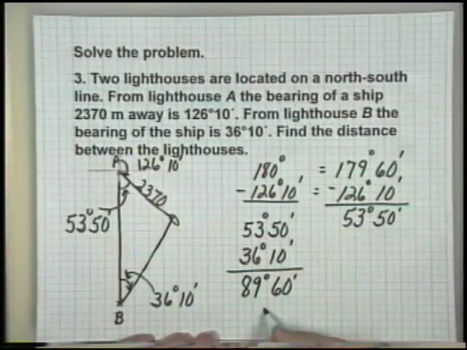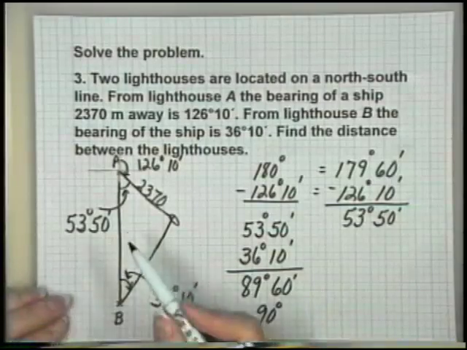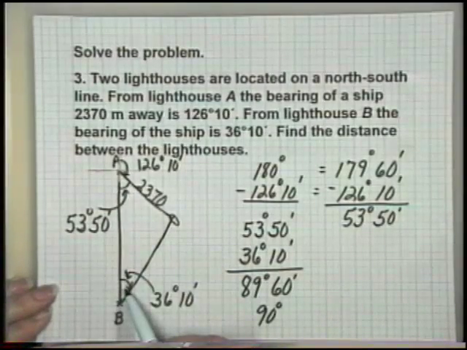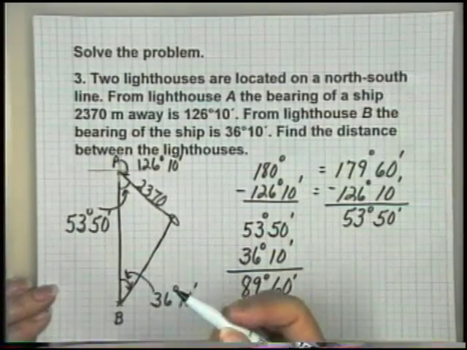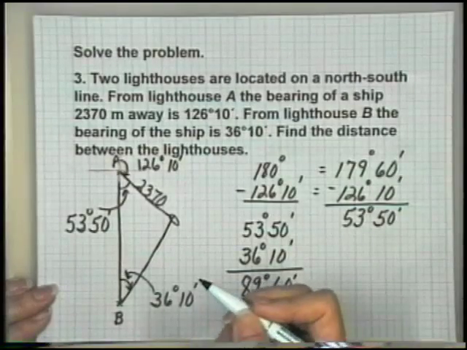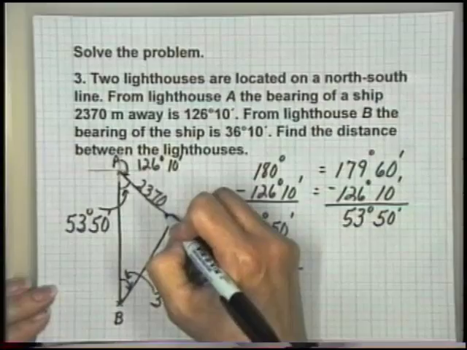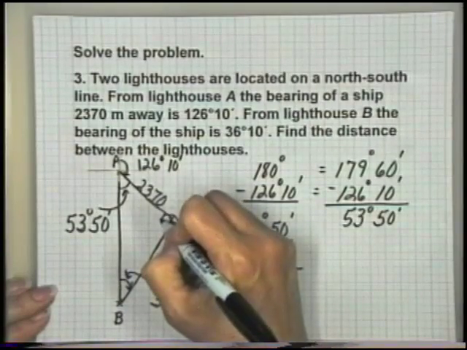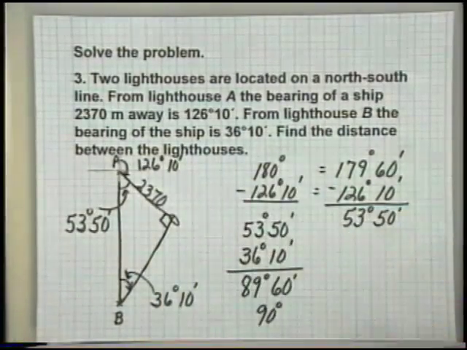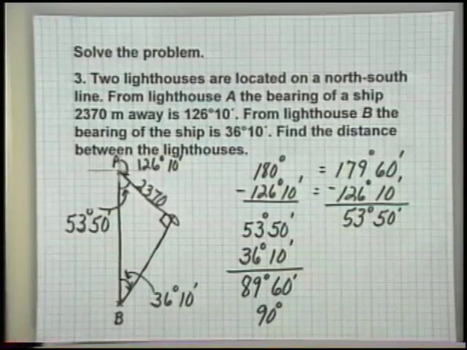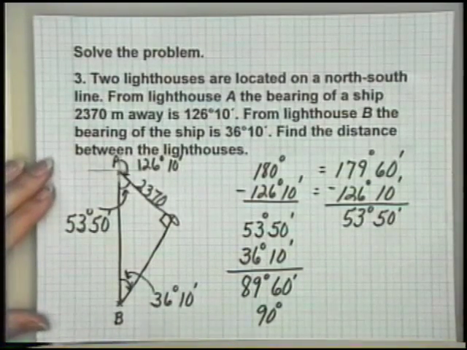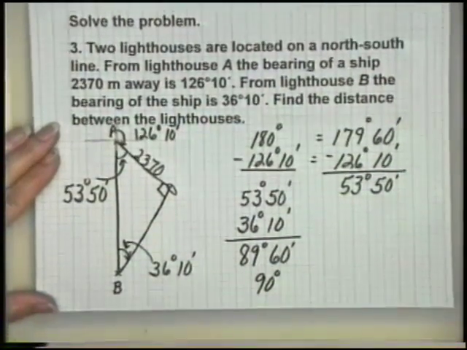And sure enough, 89 degrees 60 minutes is 90 degrees. So if the sum of these angles is 90, I know that a triangle has 180 degrees when I add the 3 angles. So that means this third angle must be 90 degrees. So I have a right triangle here.